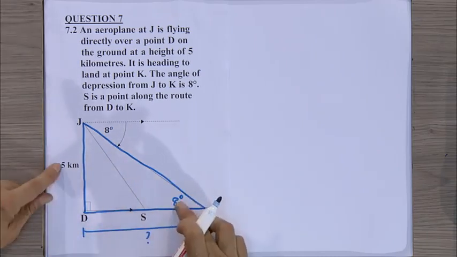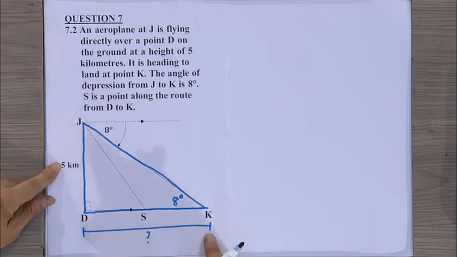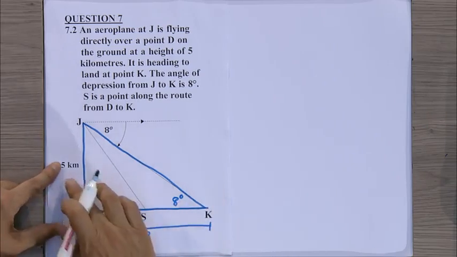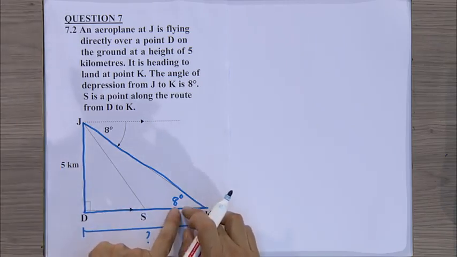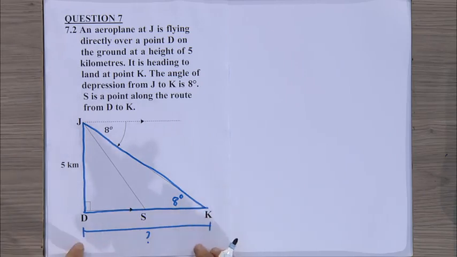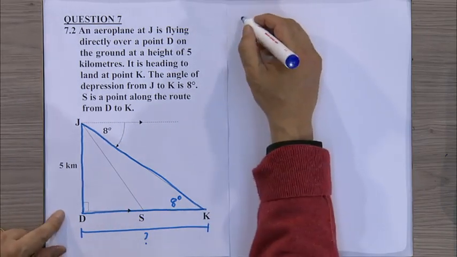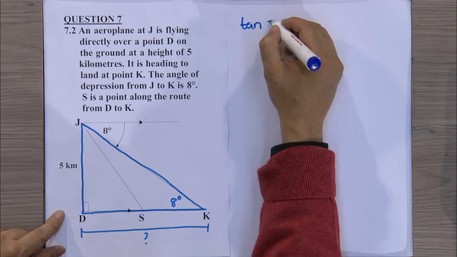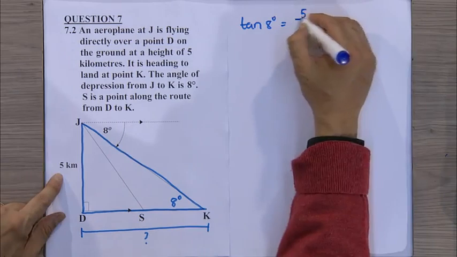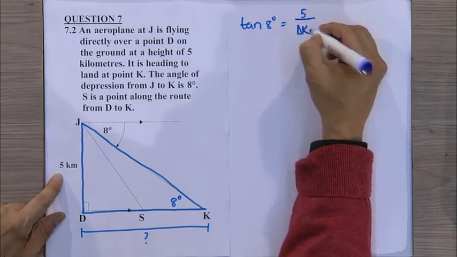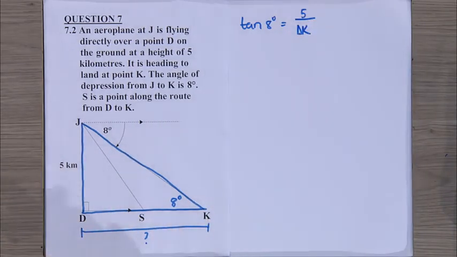So we have 5, which is opposite, or Y, and DK, which is adjacent, or X. So Y over X, what does it mean? It's a tan of 8 degrees. So I'm going to say that the tan of 8 degrees means 5 over DK, which we need to calculate.